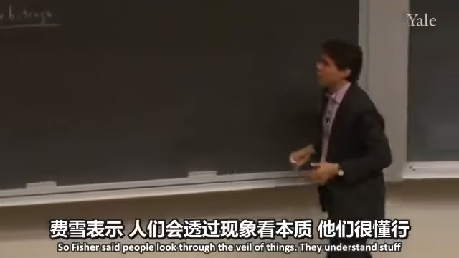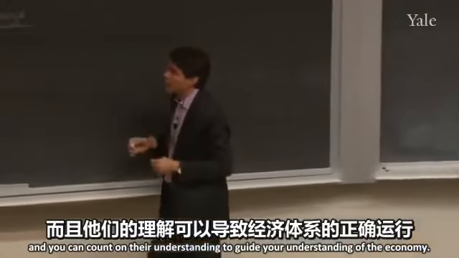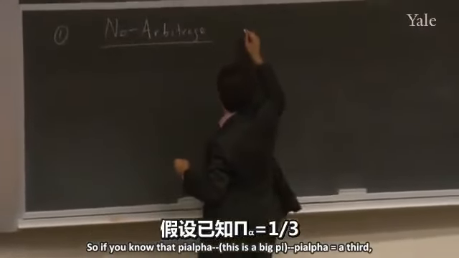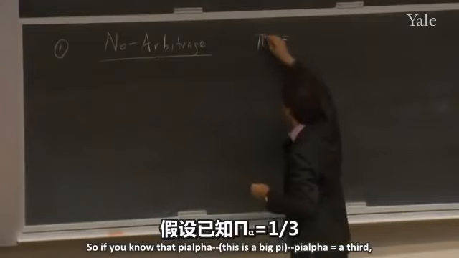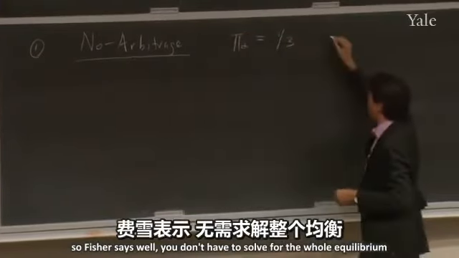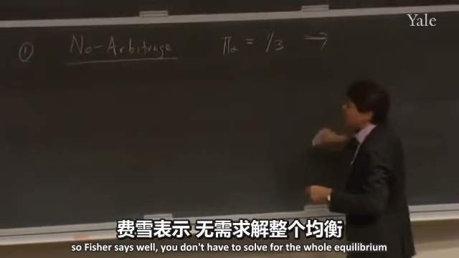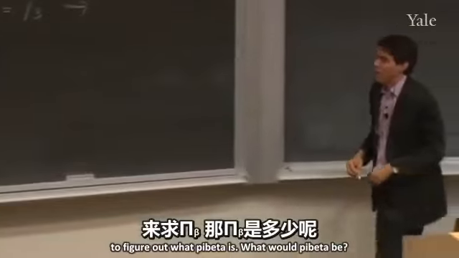They understand stuff, and you can count on their understanding to guide your understanding of the economy. So if you know that big pi alpha equals 1/3, Fisher says, well, you don't have to solve for the whole equilibrium to figure out what pi beta is.